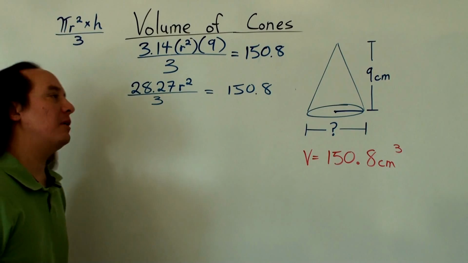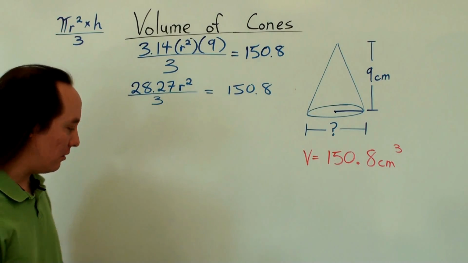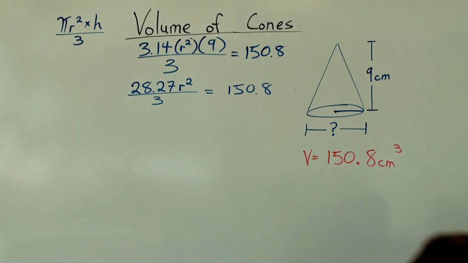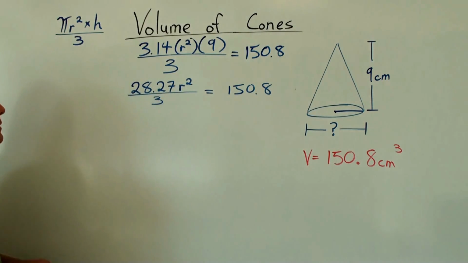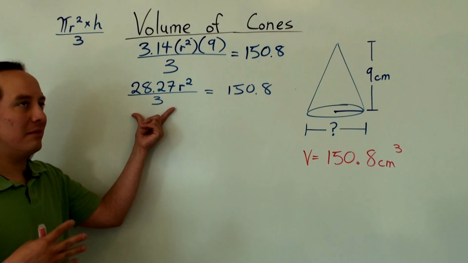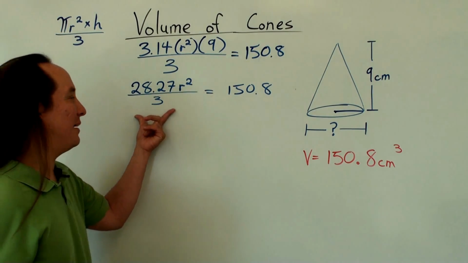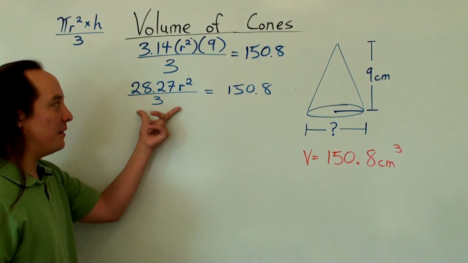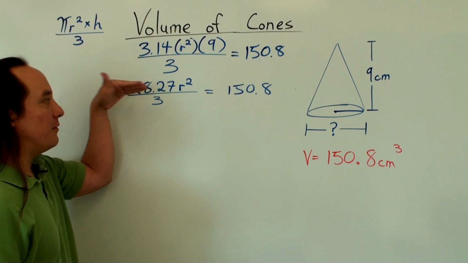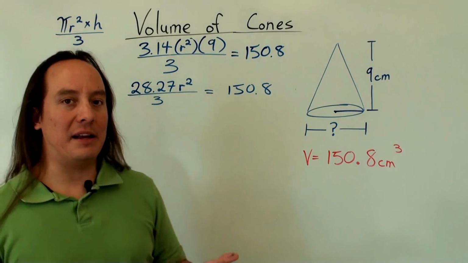So now what I'm going to do is get rid of the fraction, okay? And I'll go ahead and change colors like I usually do. Okay, so to get rid of the fraction, the only thing I can really get rid of is the denominator. And it's the easiest way, okay? So that's why I say it like that. So to get rid of the denominator, which is divided by 3, what's the opposite of divided by 3?